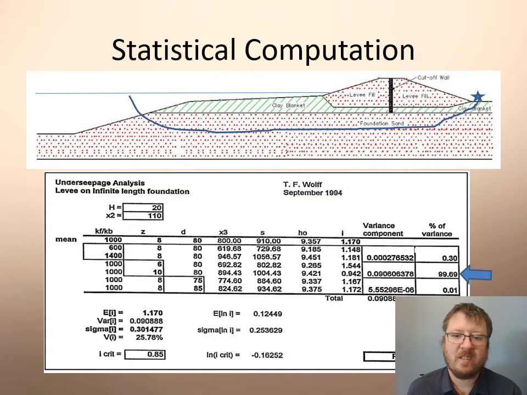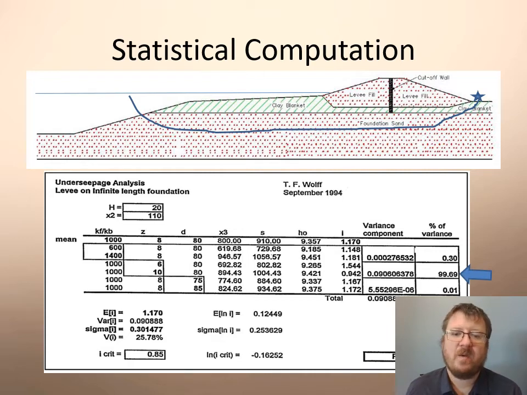Here's an example of a calculation that might be used in an intermediate node, where you want to know if the failure mode, which is a seepage and piping failure mode, is likely to occur. Given this load, H equals 20, we have some Q variables: the permeability ratio of the K blanket and the foundation sand in this first column, the thickness of the clay layer, and the thickness of the sand layer.